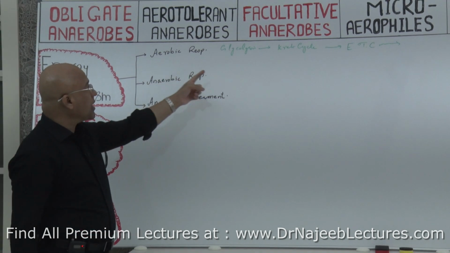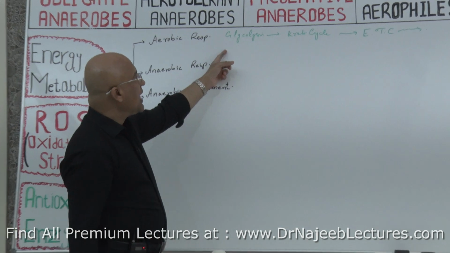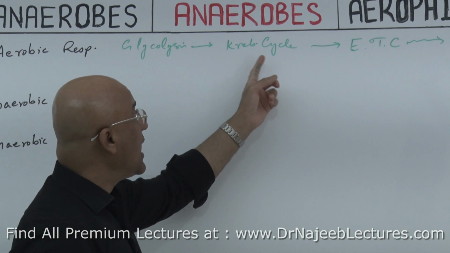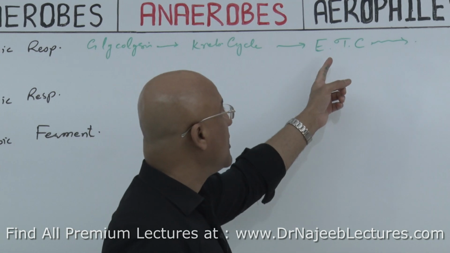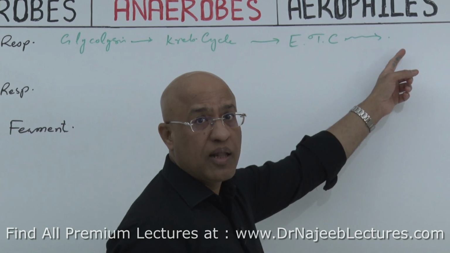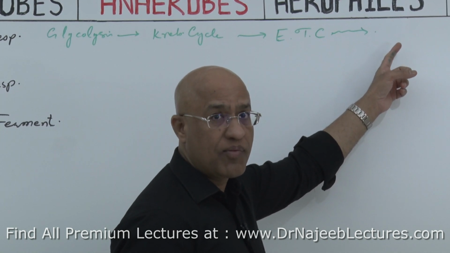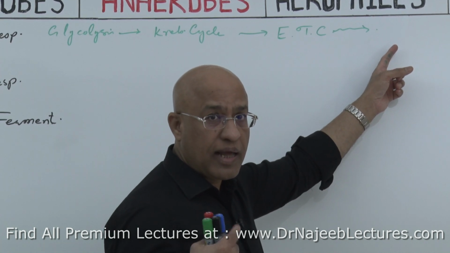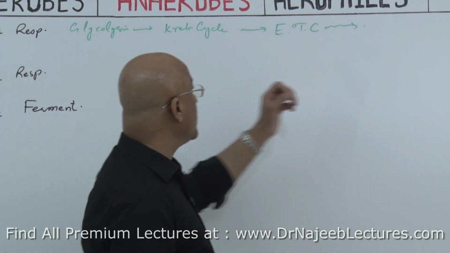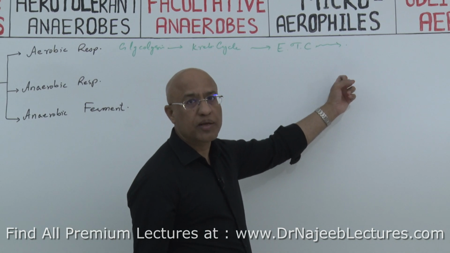If glucose goes through glycolysis, the products enter the Krebs cycle, the released electrons are carried to the electron transport chain, and oxygen is utilized as the final electron acceptor, we say this kind of energy production is aerobic respiration.